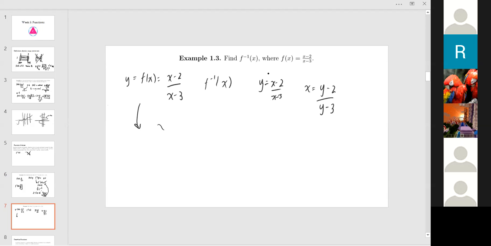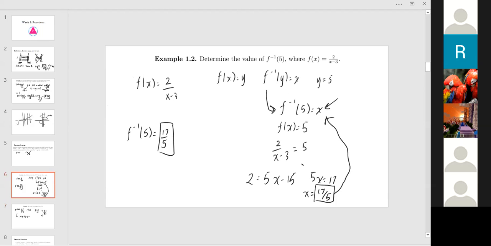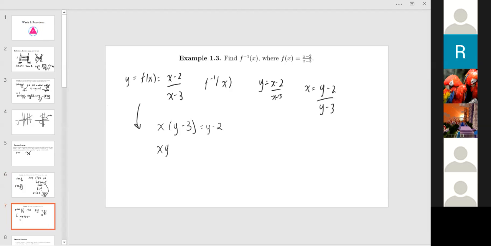So we can multiply both sides by y minus 3 to get xy minus 3x equal to y minus 2.